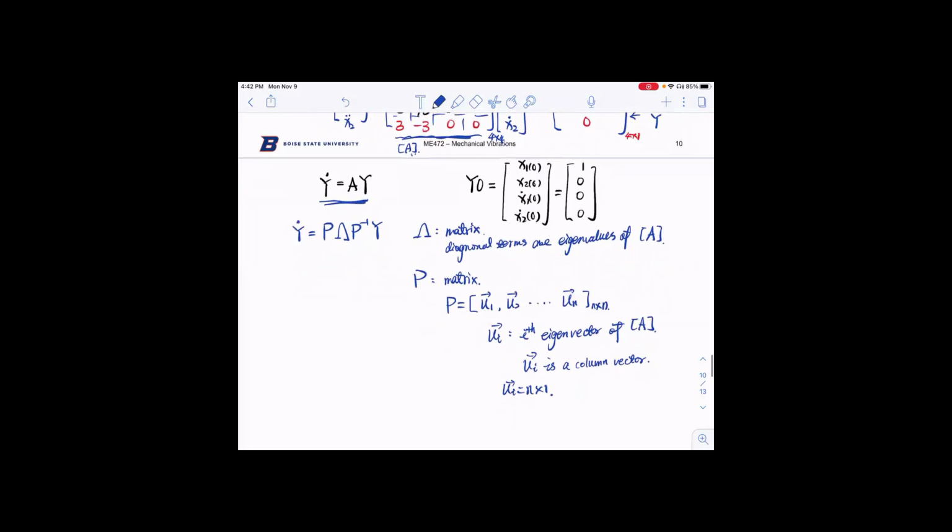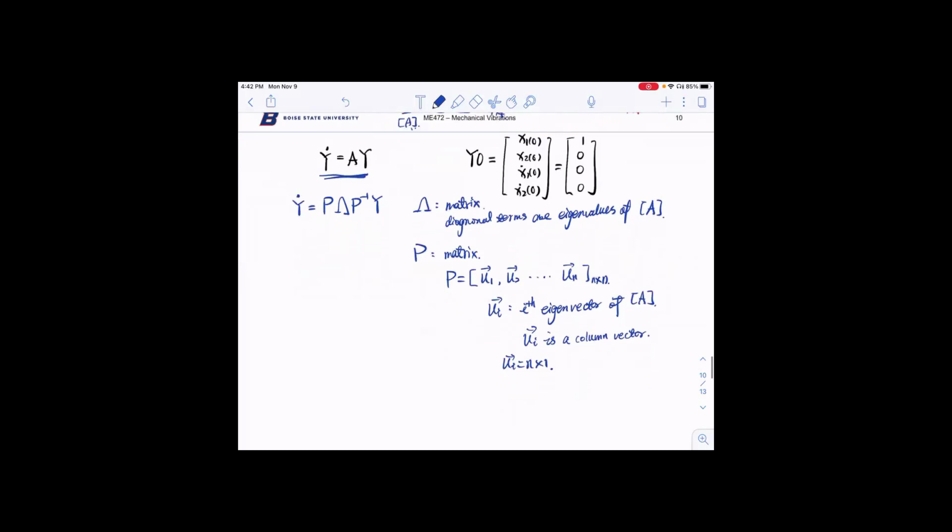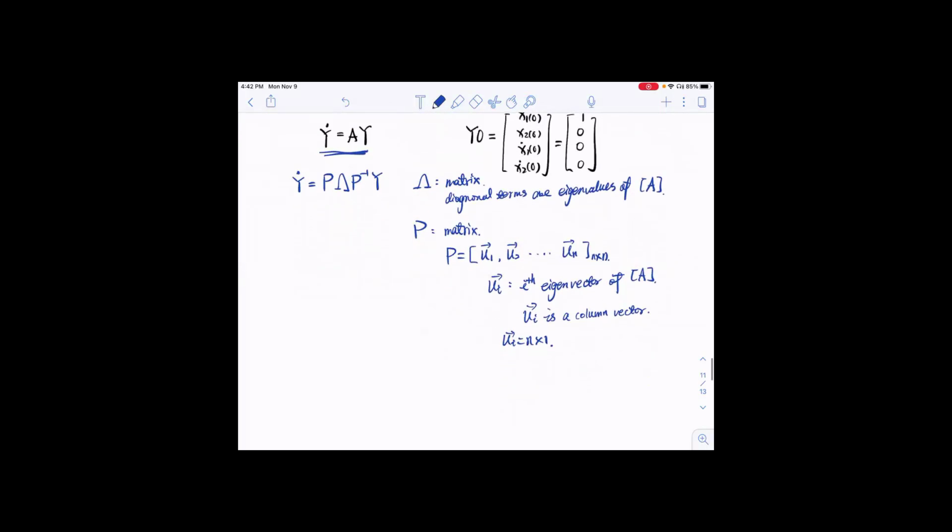So how can we find these P and lambda? If you want to calculate this by hand, in order to find all the lambdas, what you need to do is find out where the determinant of lambda I minus A equals 0. You have to solve this equation. That's going to give you n total lambda values.